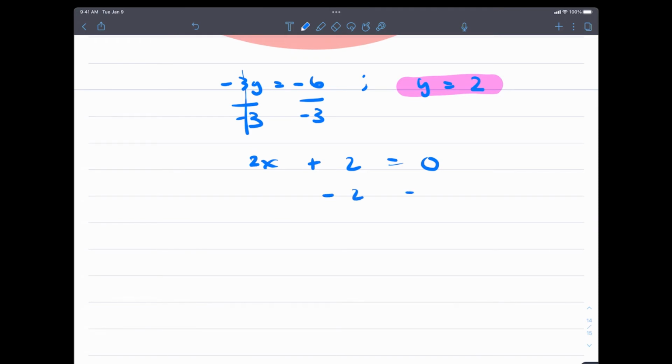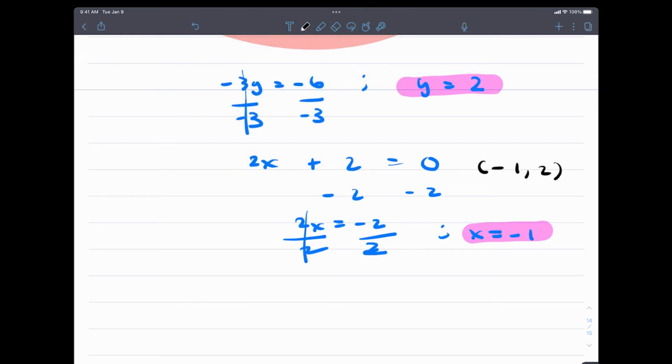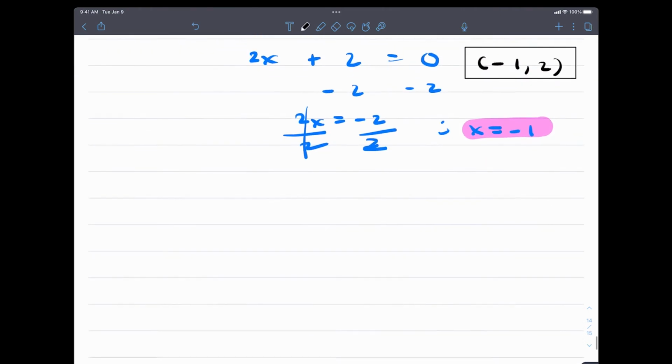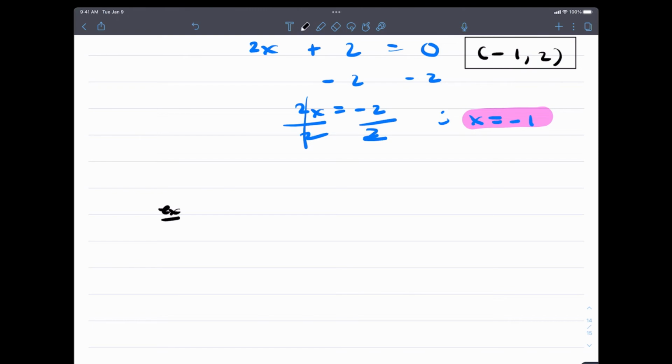Here's y. It's -1. You sure are correct. Answer is -1, +2. This is your one and only solution, ladies and gentlemen. All right. And that's using the matrix method.